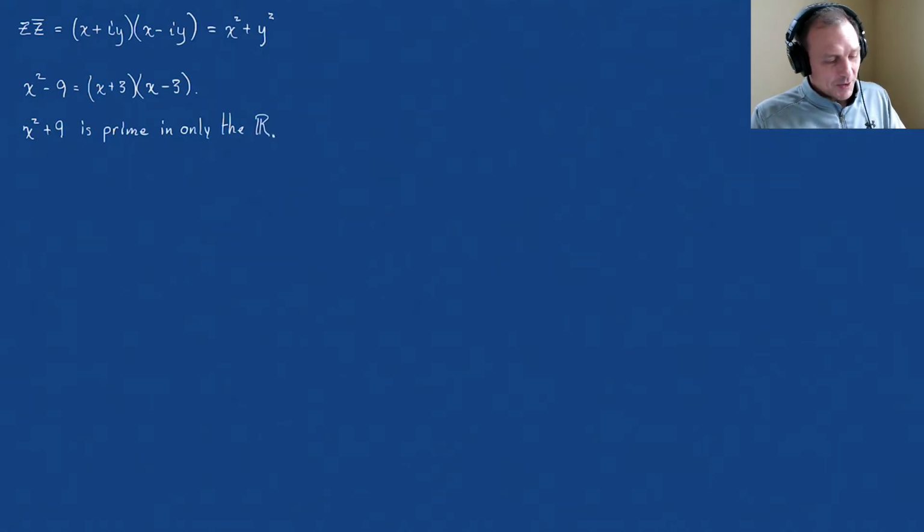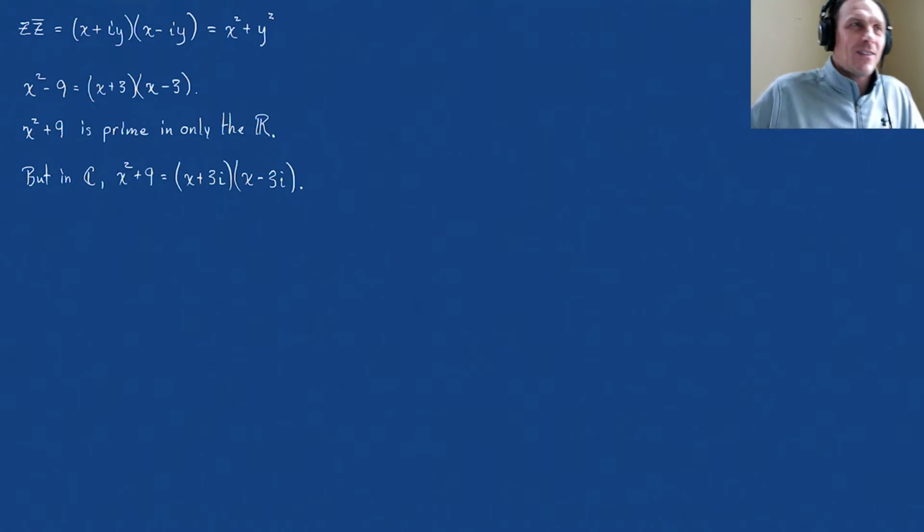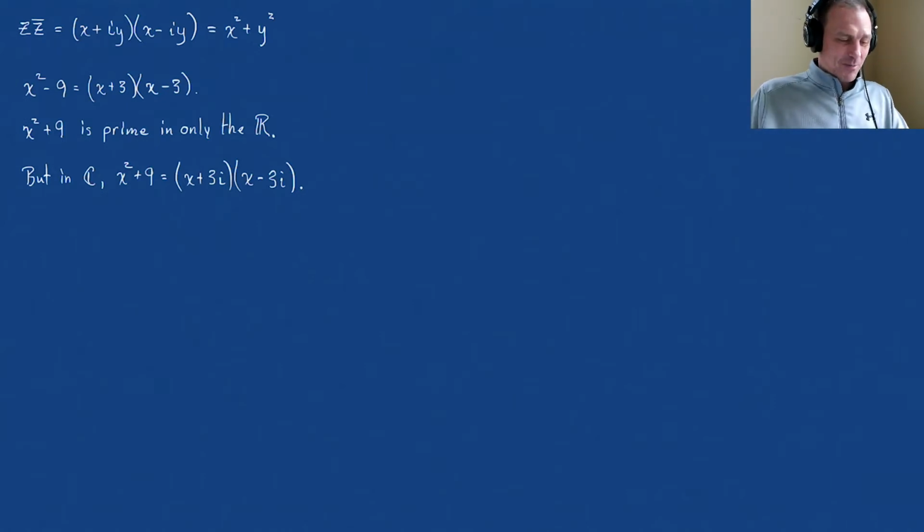But here's what's amazing: in the complex numbers, x squared plus 9, we just found out, would factor now. That's what this whole thing says. It factors into x plus 3i times x minus 3i. I've always found that so fascinating, that this problem actually has an answer now.